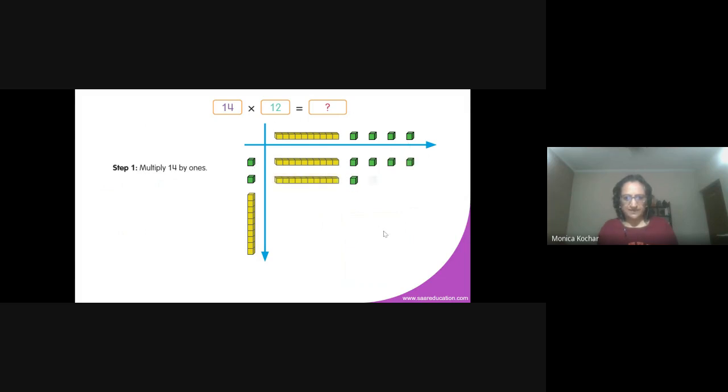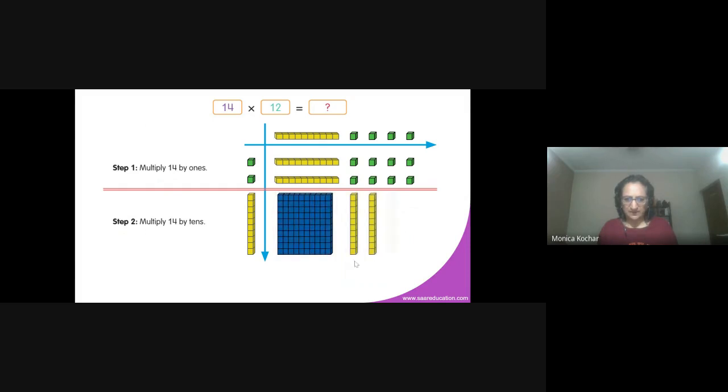Then we multiply 14 by ones again. And then we multiply 14 by tens. And we get this. And then we simply regroup and add this. And we get the answer as 168. All of these put together.